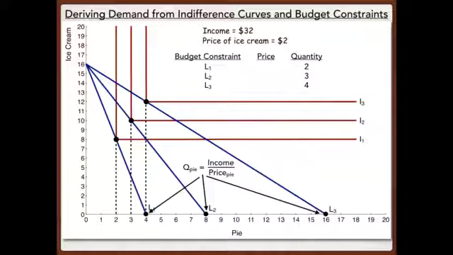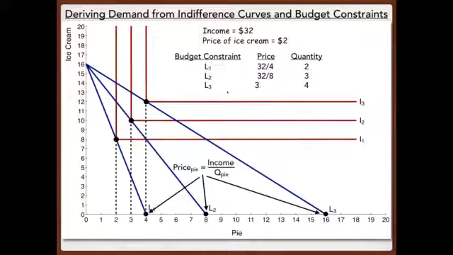Now, since we're concerned with price, we just need to rewrite that so that the price of pie is equal to income divided by the quantity of pie. So we already have income and we already have the quantity of pie for each of those different budget lines or budget constraints. We can use that information to make the determination as to what price is.